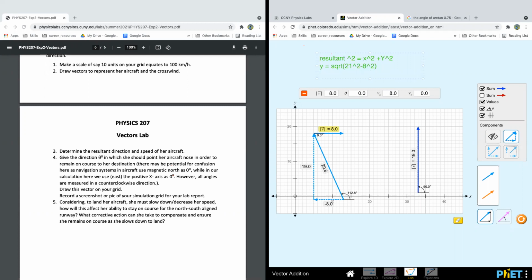And after you calculate y, you want to figure out the angle, which is what they ask you.